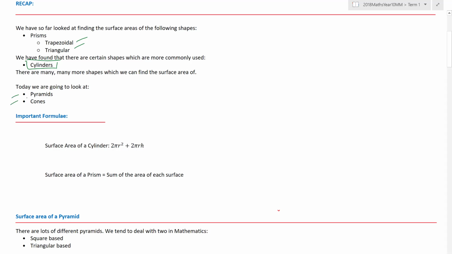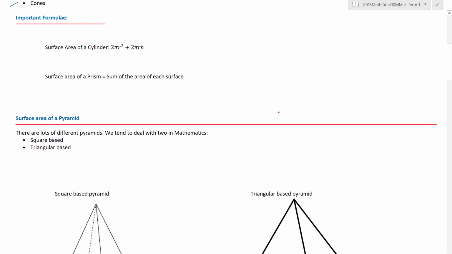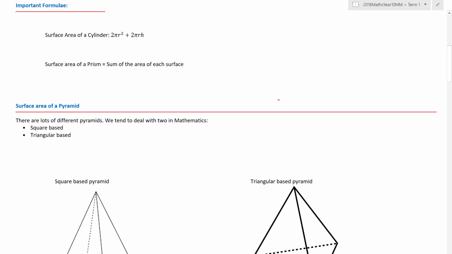To be able to do that, we still need to have an appreciation of what we did last video. If you remember, the surface area of a cylinder was given by 2 pi r squared plus 2 pi r h. How is that true? If we look back, we remember that a cylinder is made up of a circle at the front, a circle at the back, and this curved section here.